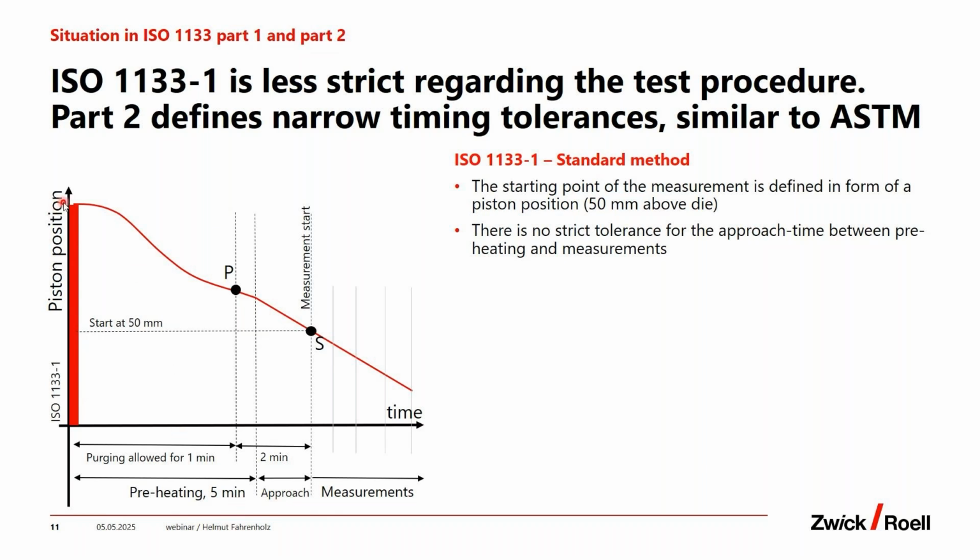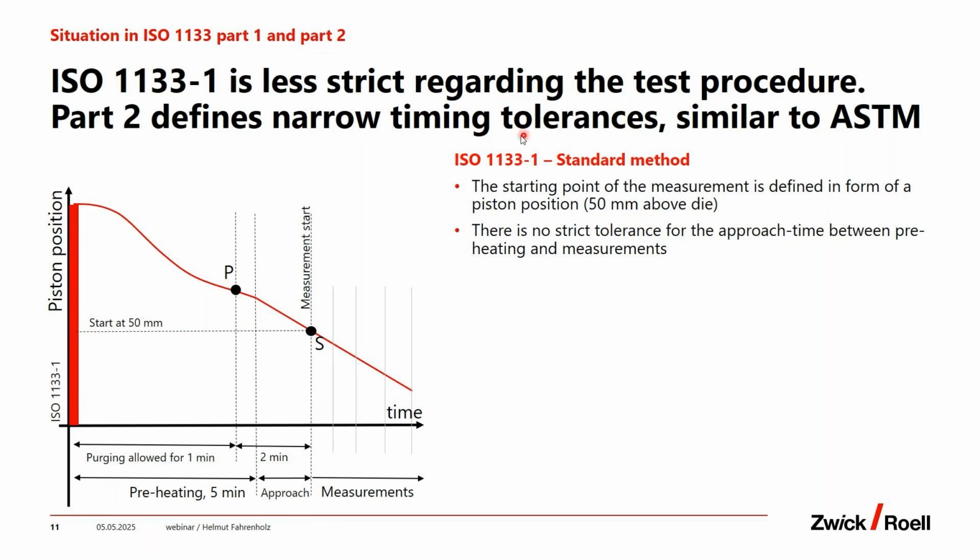So in these 5 minutes, the piston will somehow move down. There is a certain area where purging is allowed. Then we have to wait another 2 minutes. So in ASTM, it is completely 7 minutes of preheat time. In ISO, it is 5 minutes plus the time you need to approach to the starting point of 50 millimeters. And then you start the measurements.